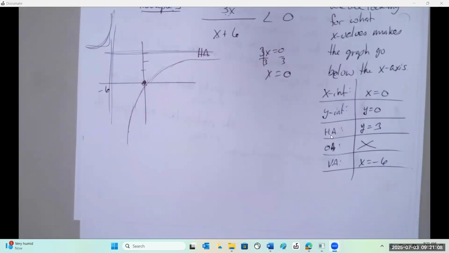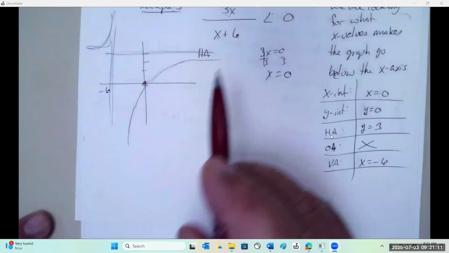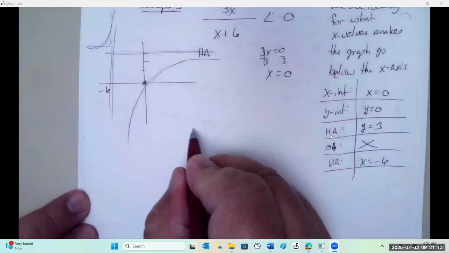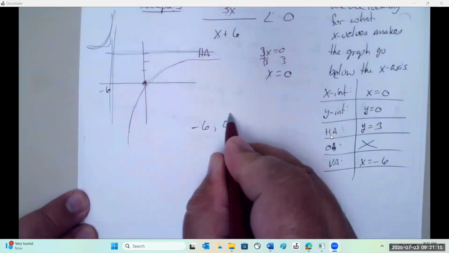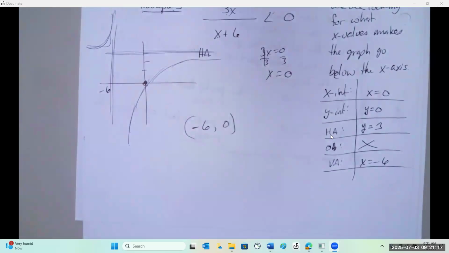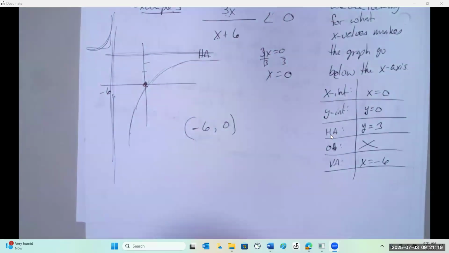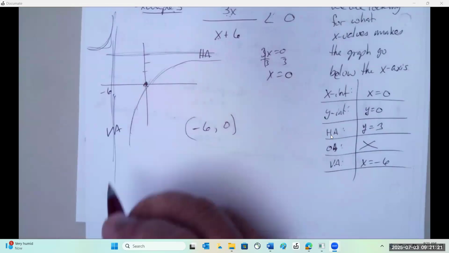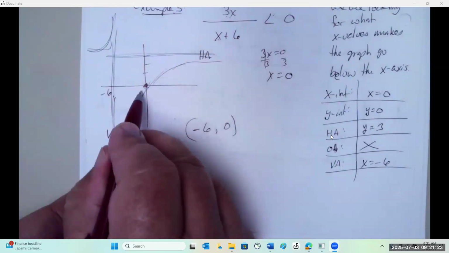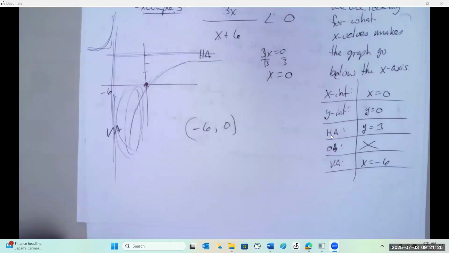So all I want is, where's the graph lower than the x-axis? It's from -6 to 0, because it can't cross here. That's a vertical asymptote. So the only part it's below the x-axis is in this range here. So that's my answer.